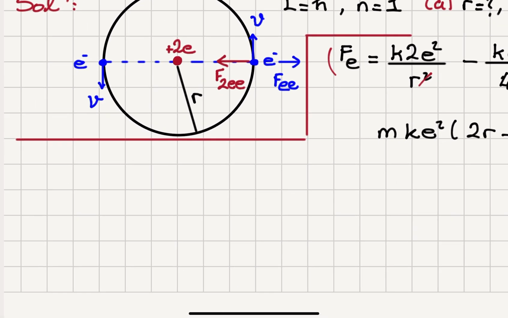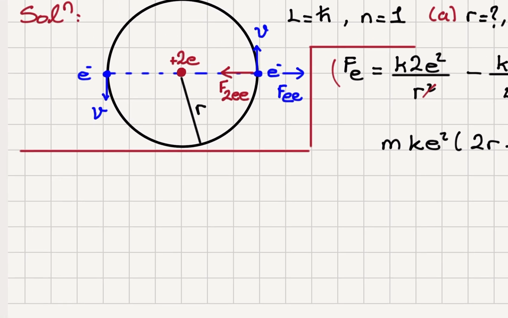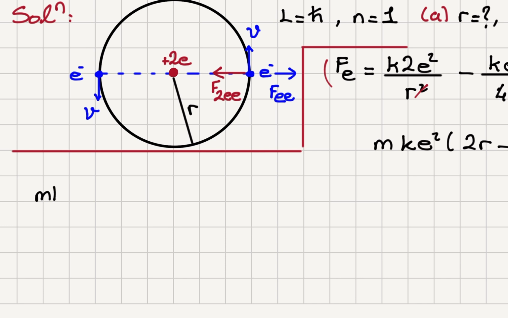Okay, now we have 2r minus r over 4, that's 7r over 4. So mke squared times 7r over 4 is equal to h bar squared.